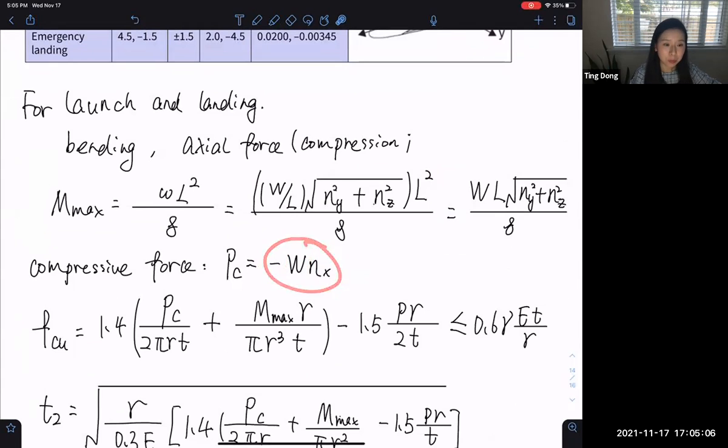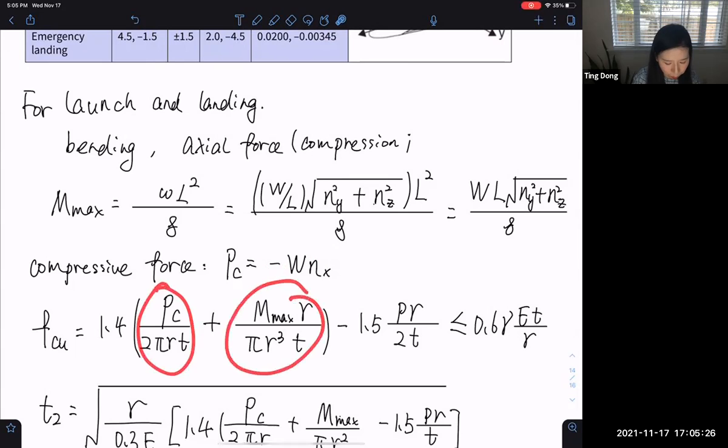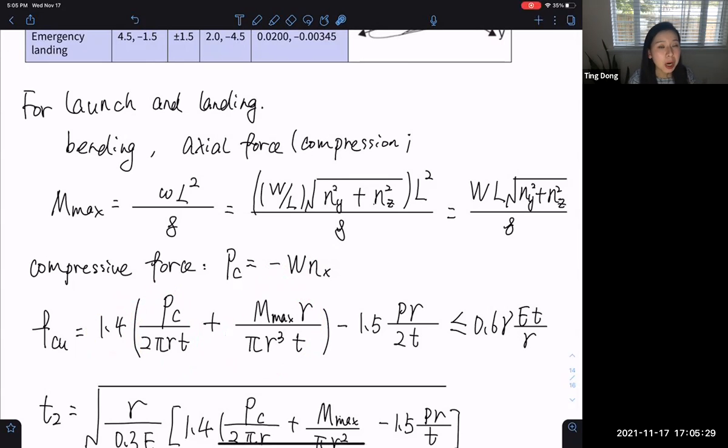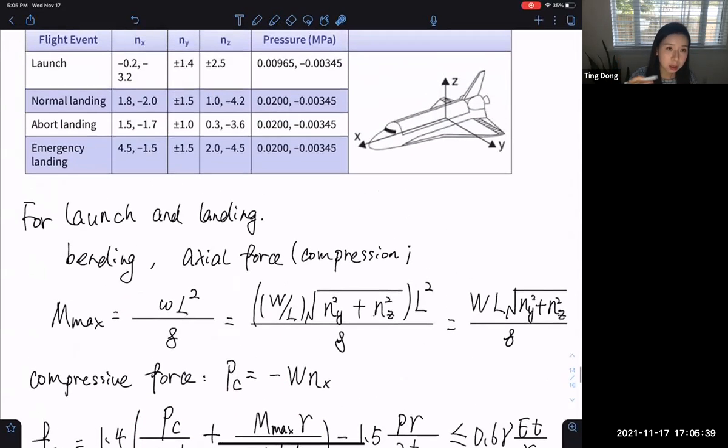This is the compressive force, and this is the cross-section area of the thin wall structure. The area that carries the compressive force is 2 pi r times t. We add this one, times safety factor 1.4. So this is the compressive stress caused by bending, plus the compressive stress caused by the compressive force in the X direction.